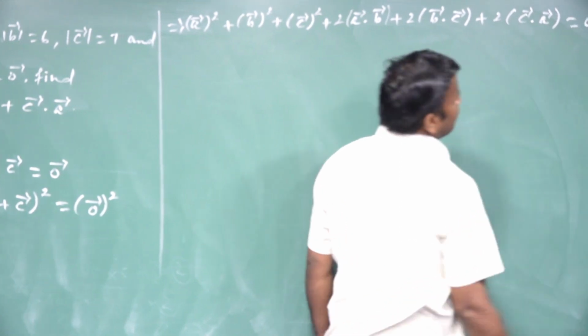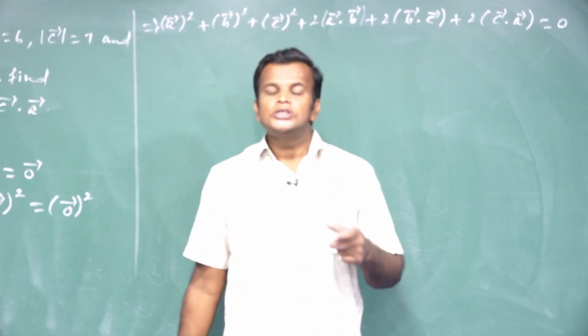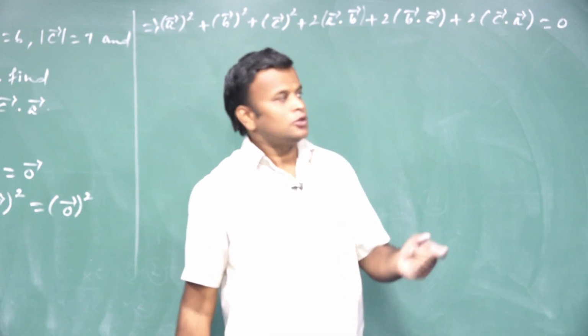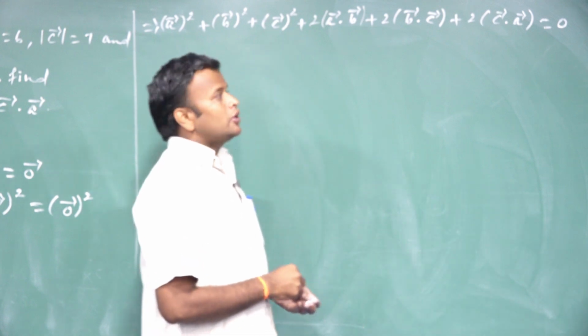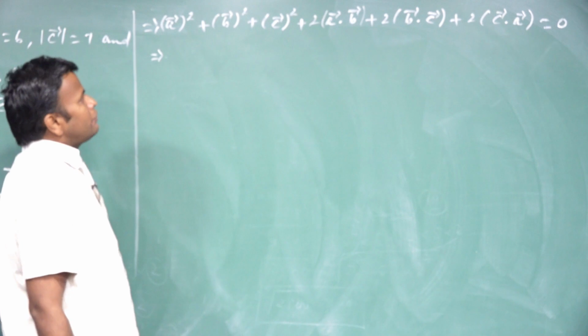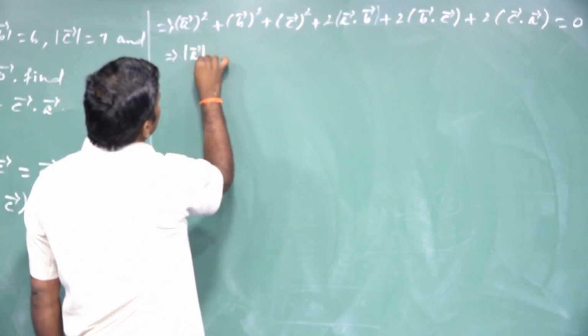I already told you the RHS value becomes 0, because the 0 vector squared on both sides, taking the modulus of 0, is nothing but 0. So the RHS value is 0. In an early class we already said we write A vector square as modulus A vector square.